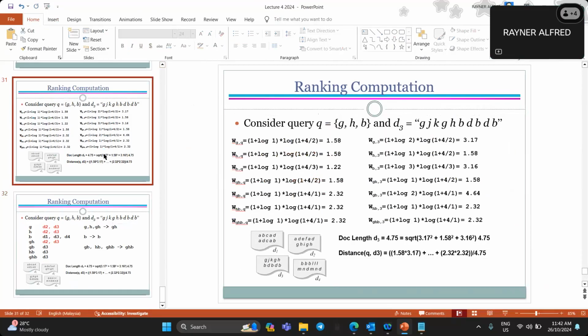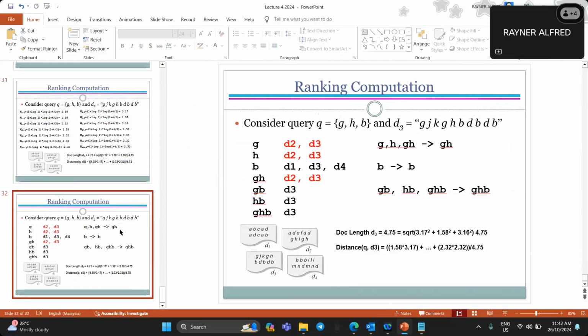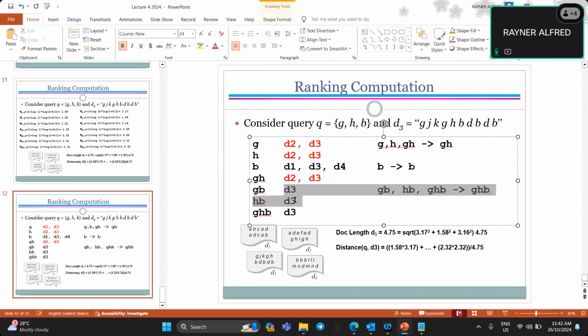Based on this, Prof, for the closure, for example GB, HB, GHB, make sure they exist in the same document, Prof? Yes, we can see from here. We look at which set of documents are the same, so we combine them.